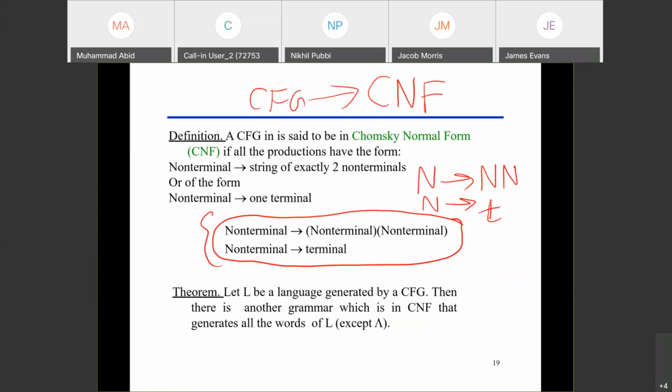What does it mean? It has no lambda productions, it has no unit productions, all production rules are exactly in this format, that one non-terminal has two non-terminals, or one non-terminal has one terminal.